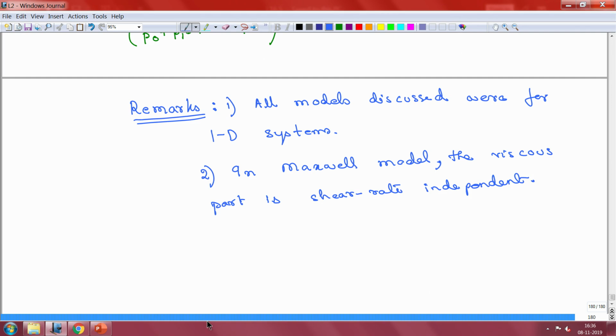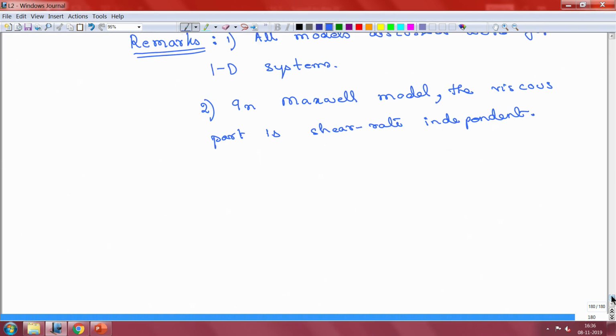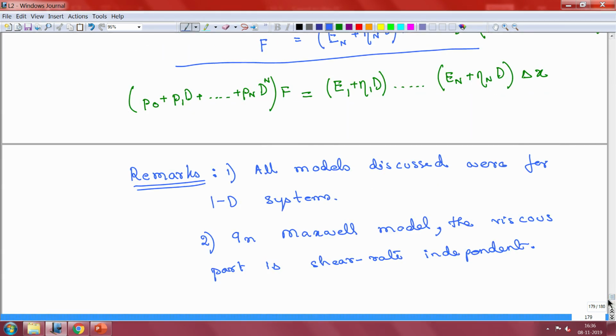Eta is not a function of gamma dot. So, while the Maxwell model does represent a good viscoelastic model, it will not be appropriate if you want to model a shear thinning or shear thickening behavior.